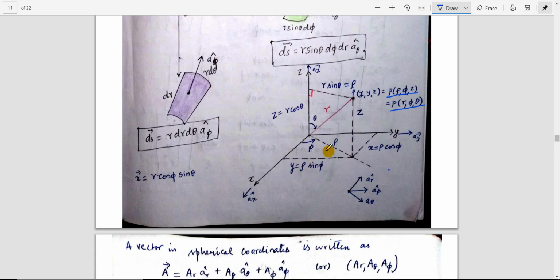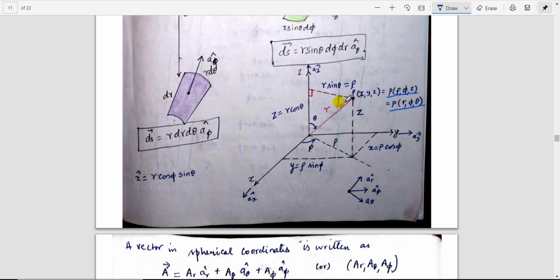So rho, this angle is going to be phi, as we mentioned previously. So this particular component can be represented as rho into sine phi, and this component as rho into cos phi. And also we can make the projection on the z-axis.